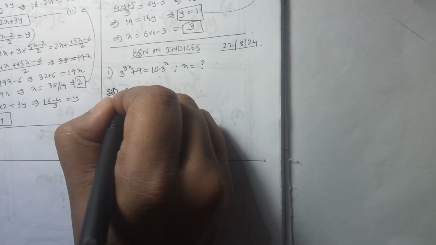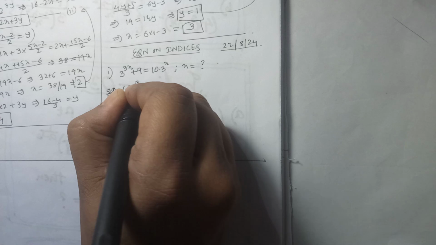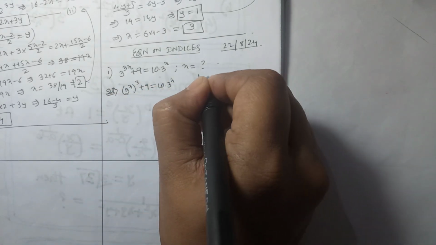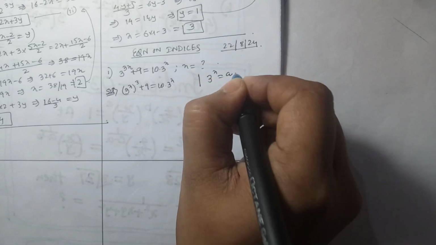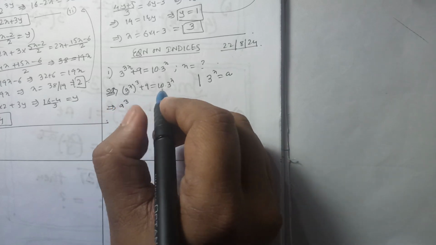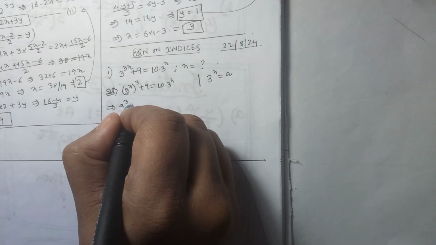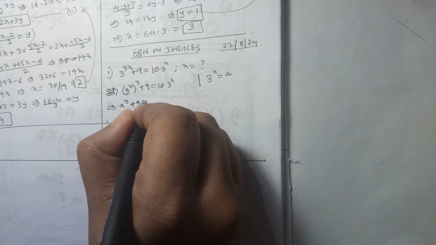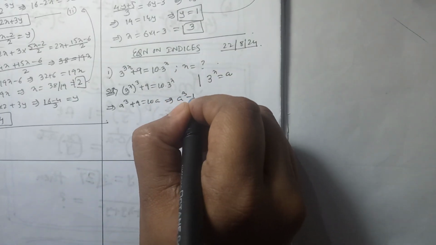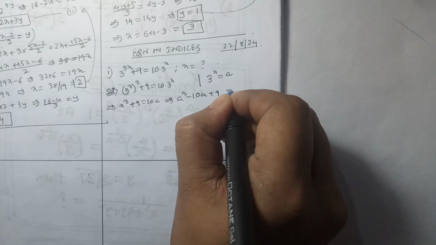How will you do? 3 to the power x to the power cube plus 9 is equal to 10 into 3 to the power x. Take 3 to the power x is equal to a. Then a cube plus 9 is equal to 10a, then a cube minus 10a plus 9 is equal to 0.